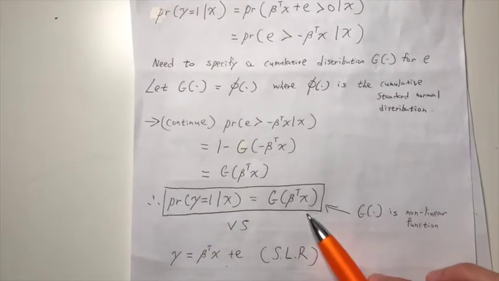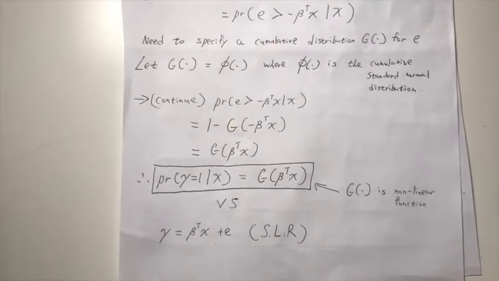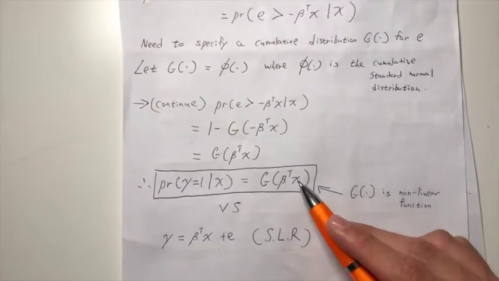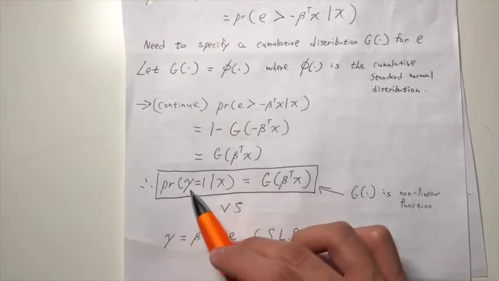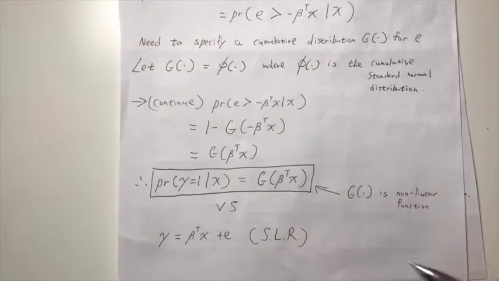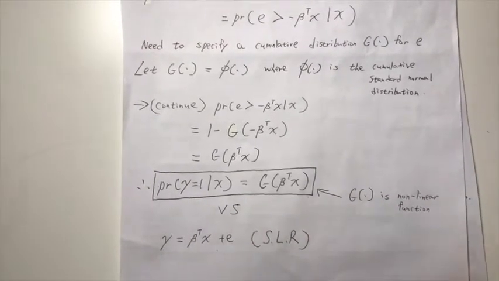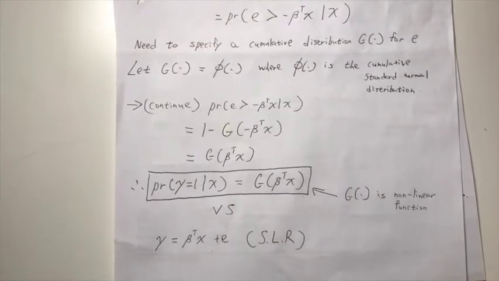We want to use this nonlinear function to capture some interesting phenomenon because we know that the probability of working might depend on the position of x. So the nonlinear function captures something that the linear relationship couldn't.